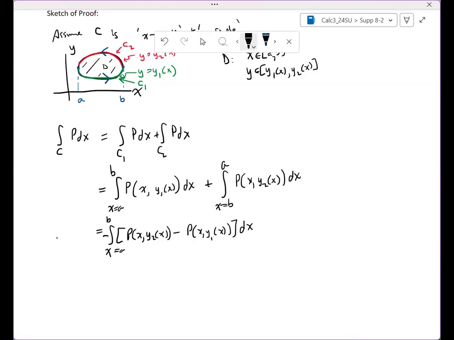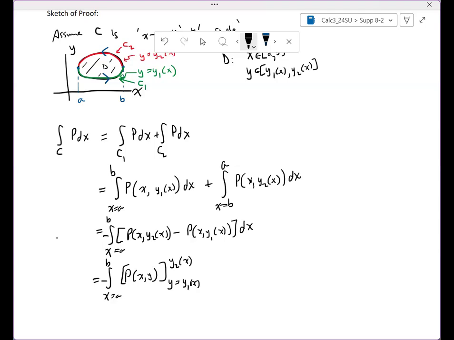Now here I might look at this and realize that this is just P of x comma y being evaluated from y equals y1 of x up to y equals y2 of x.